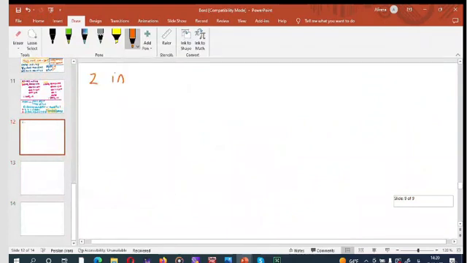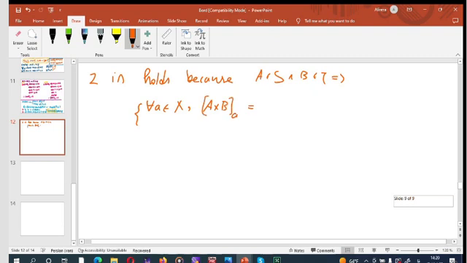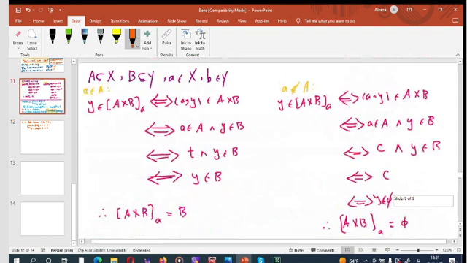Condition 2 holds because if A belongs to S and B belongs to tau, then we have these two properties: for each A in X, this section equal to empty set or B, and for each B in Y, this section equal to empty set or A by this. Okay.